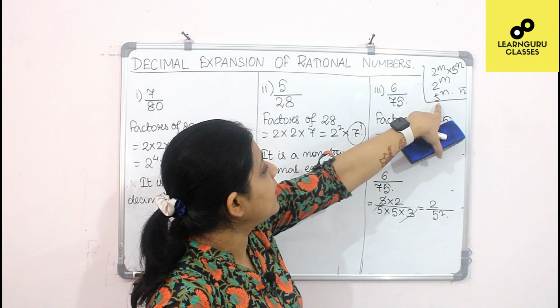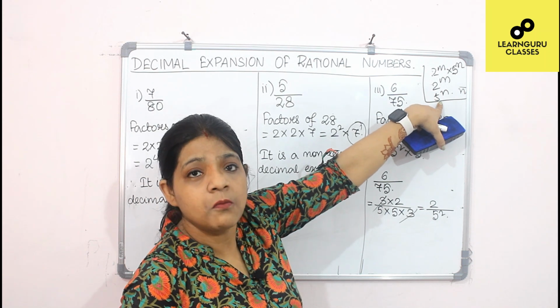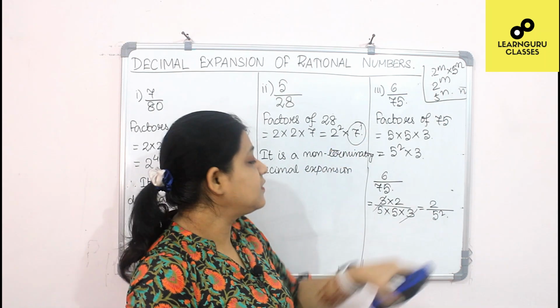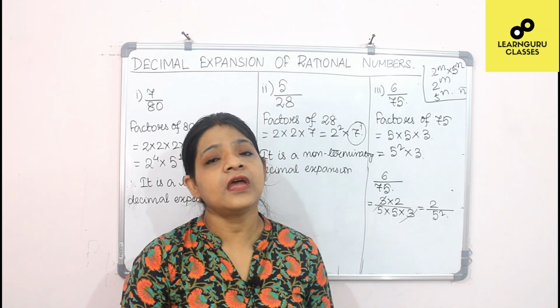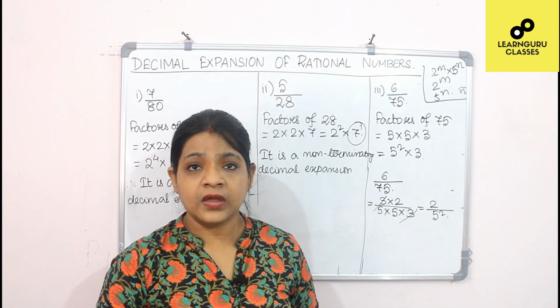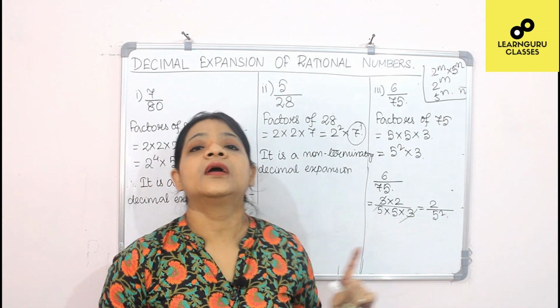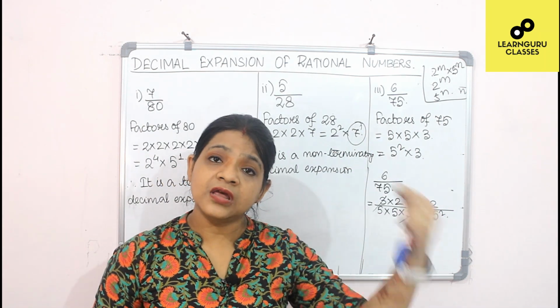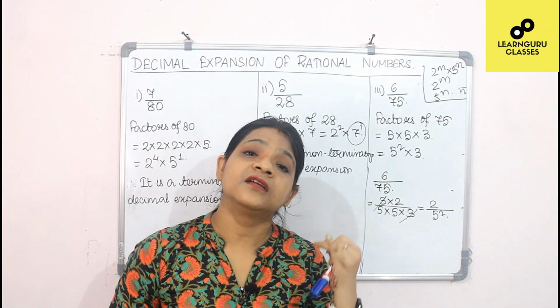So is it of the form 5 to the power of n? Yes, it is of the form 5 to the power n. So from that what can you say? That this is a terminating decimal expansion. So you have to keep in mind the common factors in both the numerator and the denominator. This also plays a vital role.